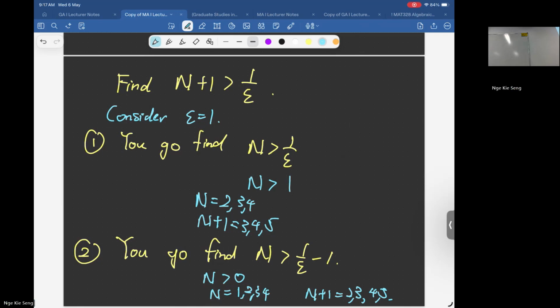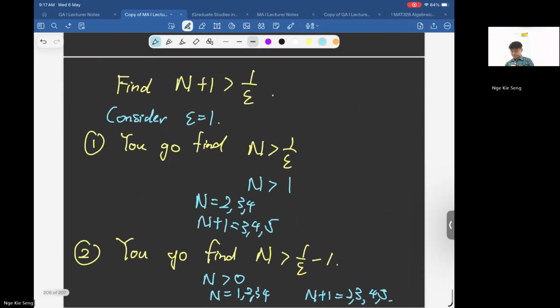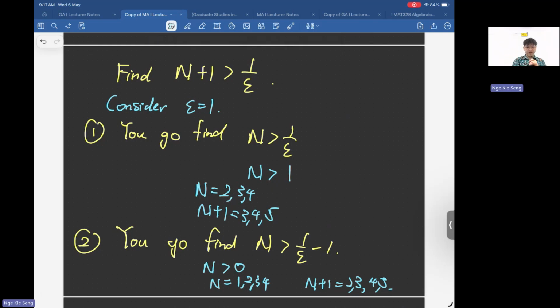Sometimes it doesn't. Or sometimes you miss out some possibilities. So be careful about what you want to find.